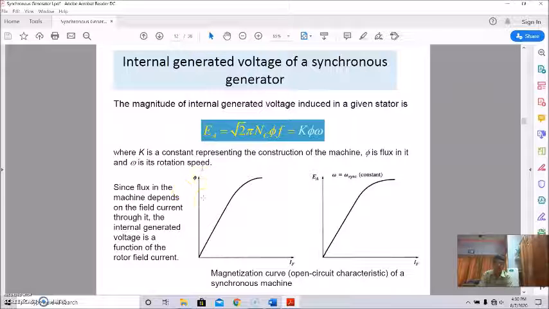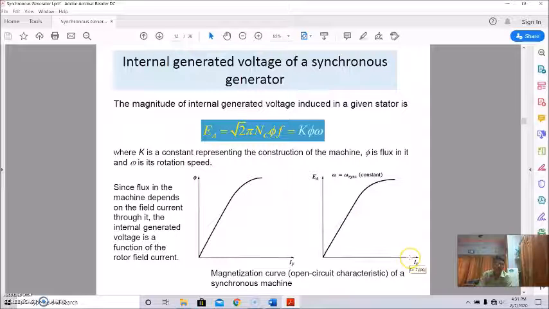The magnetization curve will be like this. This is the field current, and this is the developed flux. It gradually builds up, and after reaching its final value it saturates, like this. This is the induced EMF.